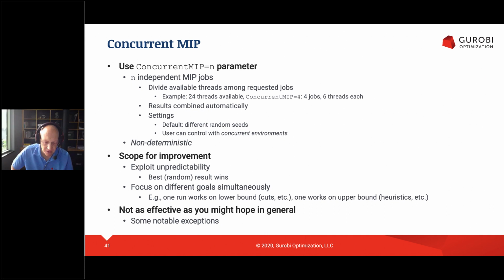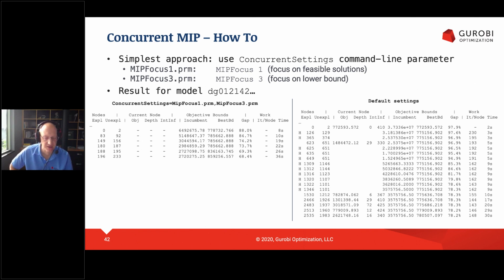So in general, concurrent MIP is not as effective as you might hope. You get some performance benefit, but in general, having all your cores applied to the same problem is more effective. But there are some important exceptions, some cases where concurrent approaches actually win. I've got a log file here.